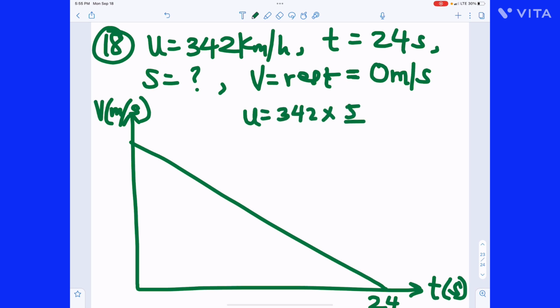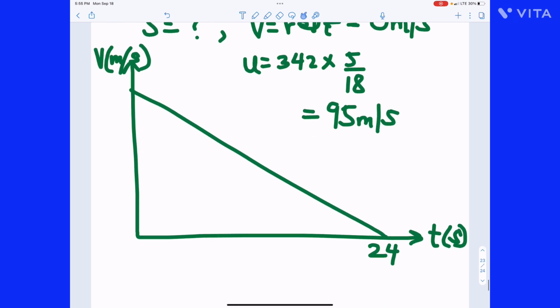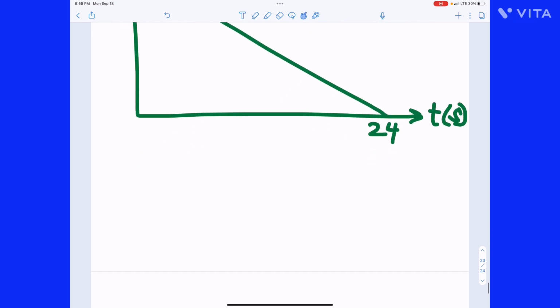Let's change it to meters per second by multiplying it by 5/18. That gives us u is 342 times 5/18, that's 95. So that's 95 meters per second.